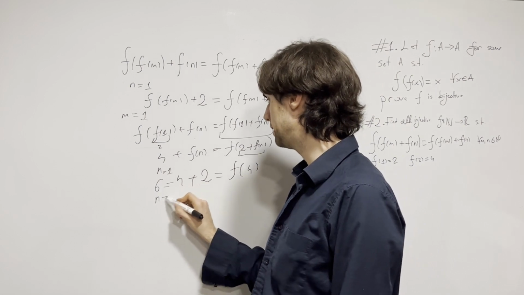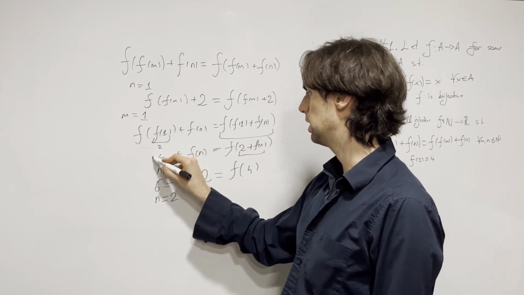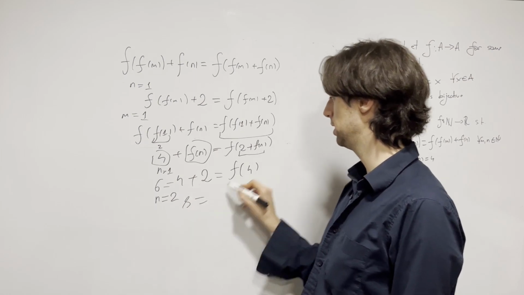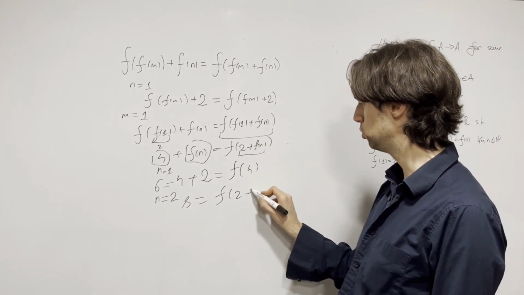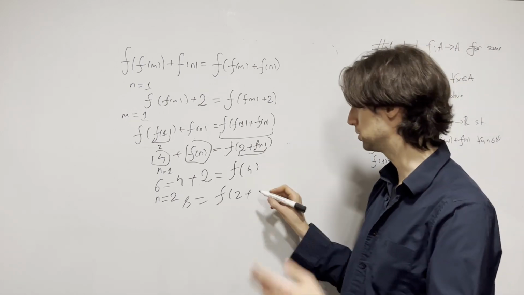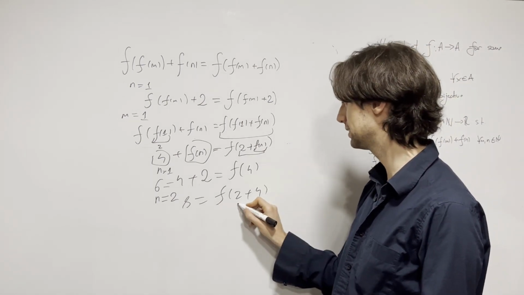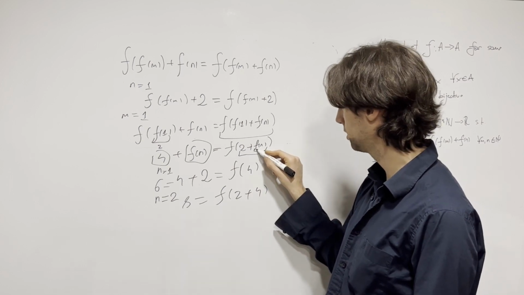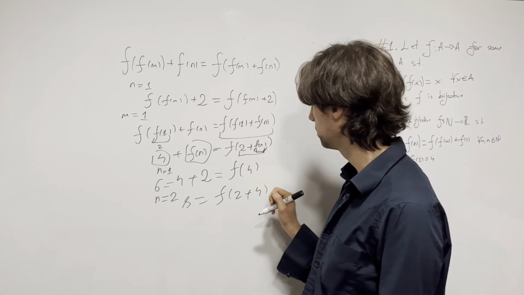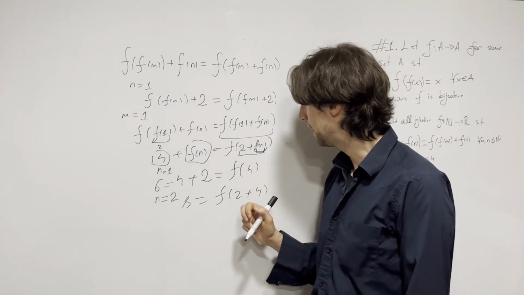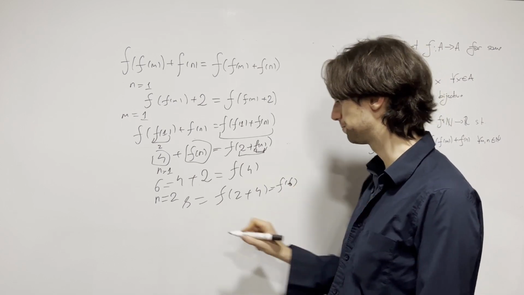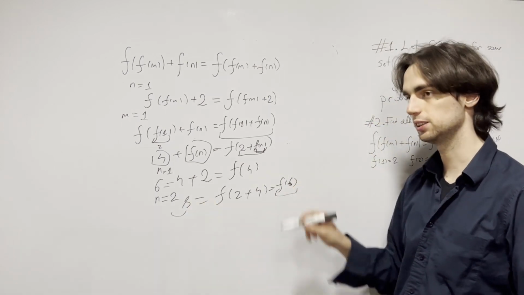If I plug in n equals 2, I'll get 4 plus 4, which is 8, is equal to f of 2 plus f of 2 is 4, 2 plus 4 is 6. Actually, wait, I'll get f of 2 is going to be equal to 4. And then I'll get f of 6 is equal to 8. Right, I'm getting some values now.